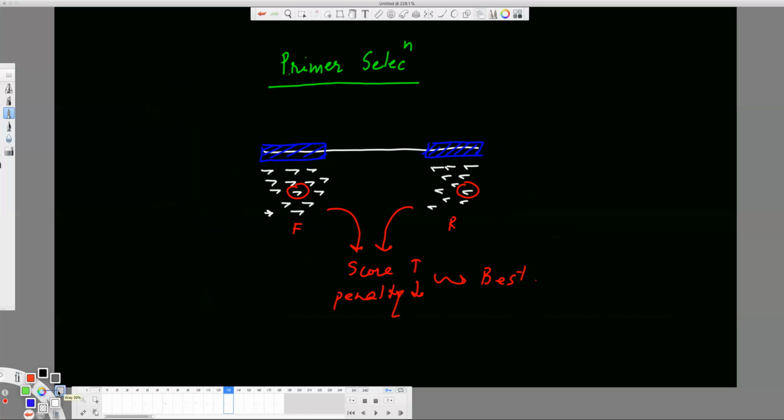For example, there's a long sequence over here, and now you need to find your forward primer from this region and reverse from this region. So now you will have a lot of forward primers, all different sliding windows over here and so on, and likewise a lot of reverse primers.